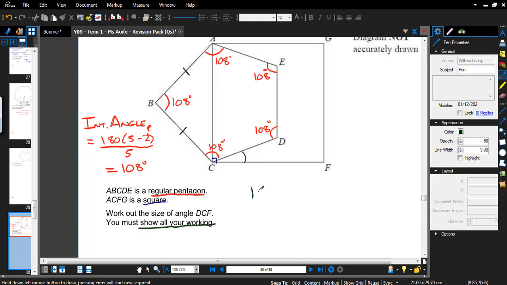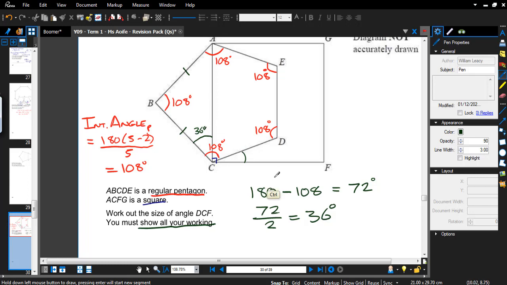Write down 180 minus 108 equals 72 degrees. Then you say 72 over 2, or you could just put all this over 2, whatever way you want to do it. So you say 36 degrees. So you know that that is 36 degrees.